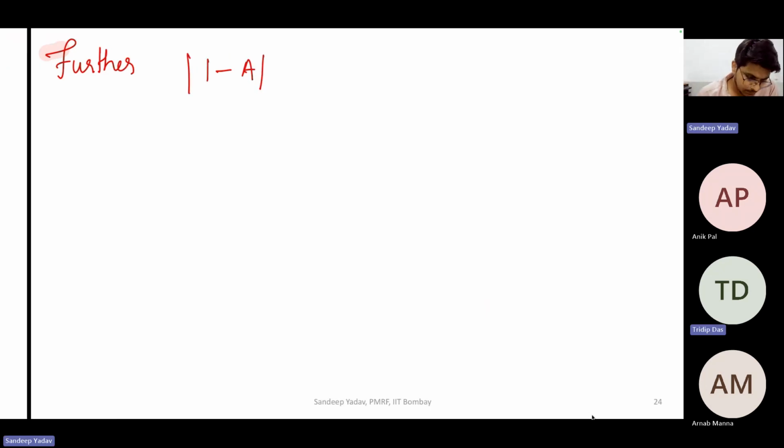Now for further solving, mod of I minus A equals 0.8 times 0.9 minus 0.5 times 0.7. When we solve it, it will be 0.37.